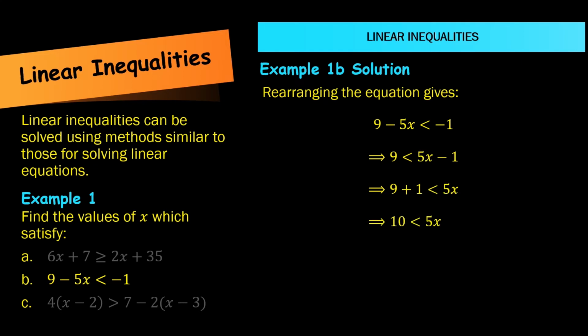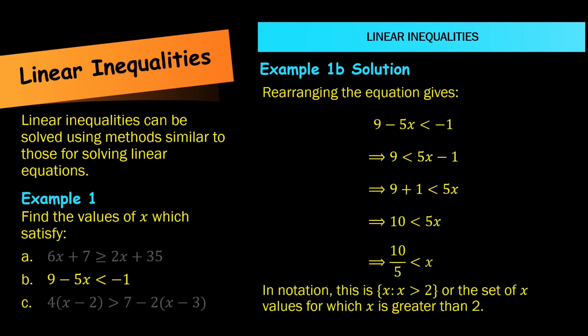Then we tidy up. 9 plus 1 is 10. And then 10 divided by 5 is less than x. So in notation, this is x such that x is greater than 2.